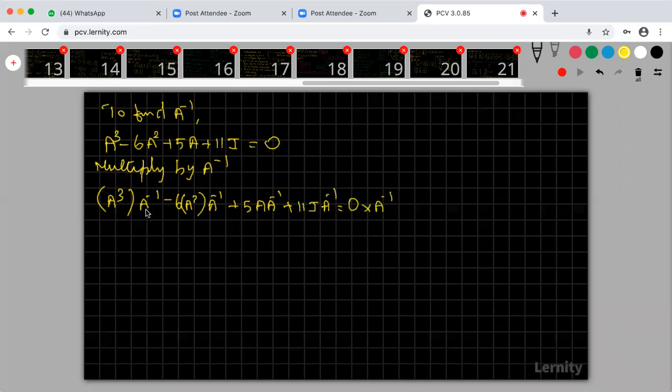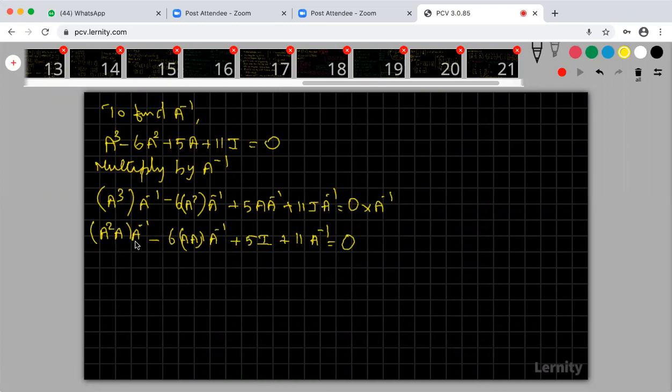So this is A cube into A inverse, you can write it as A square into A inverse, this is 6 into A into A inverse, this is 5 into A into A inverse, which is identity, plus 11 identity into any matrix, that matrix itself, that is A inverse. This is the 0 matrix. 0 into any matrix is the 0 matrix.